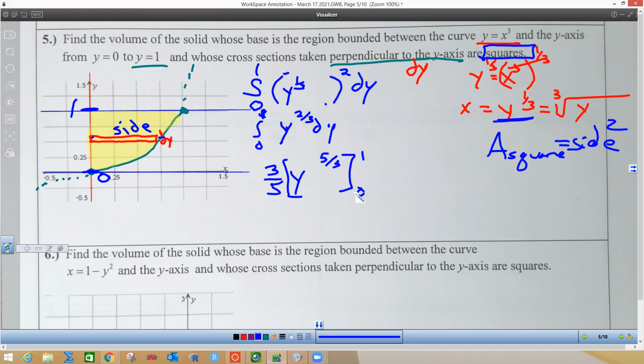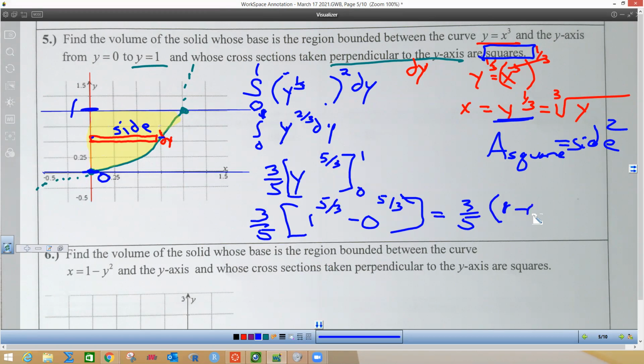My lower bound is 0, my upper bound is 1. So I'm going to plug in 1 to the 5/3 minus 0 to the 5/3. I hope you know 1 to any power is 1. 0 to any power is 0. So this whole thing should end up being 3/5 as the volume of all those little squares.